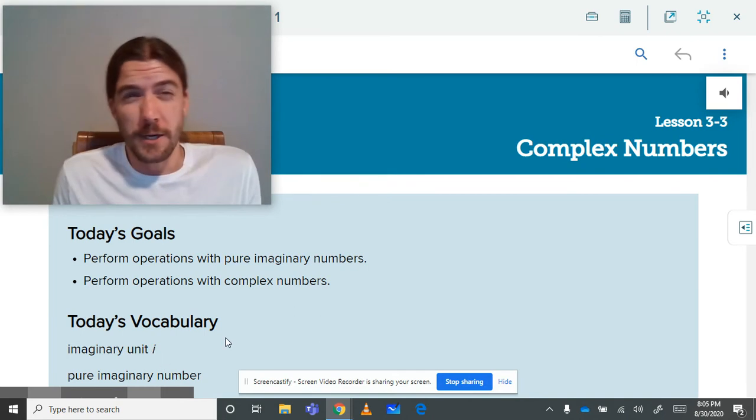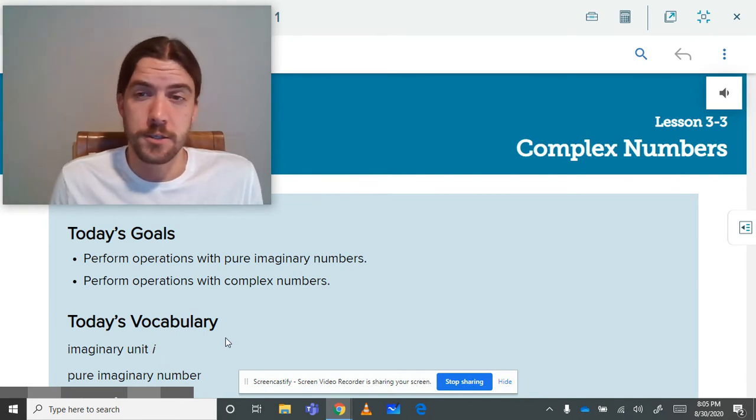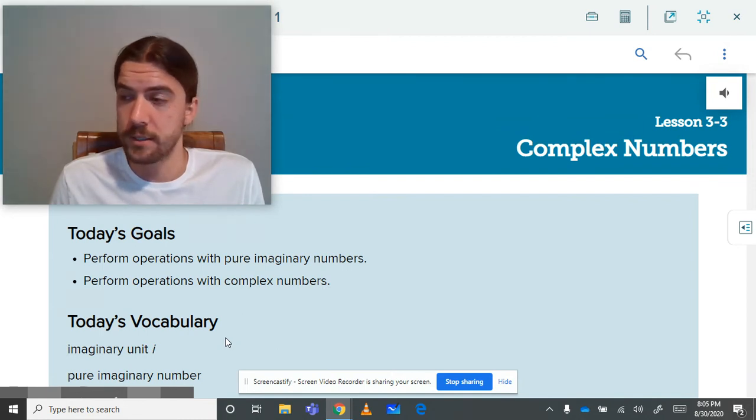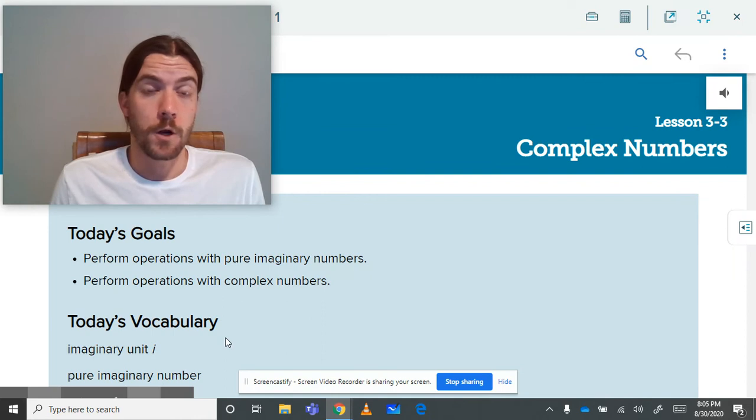Now, a lot of people find that term imaginary to be kind of irritating because it suggests that it is less of a real concept than the real numbers are. But there's a sense in which you could say that negative numbers are pretty unreal in a certain sense.